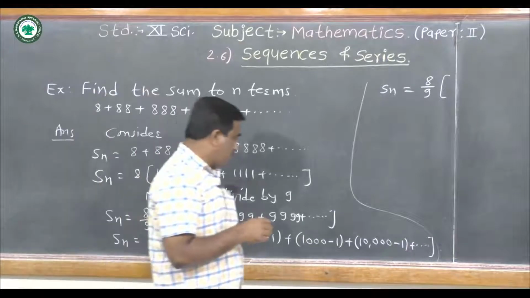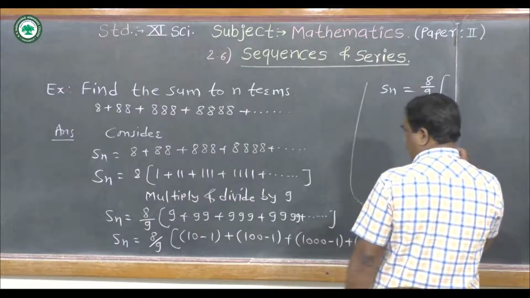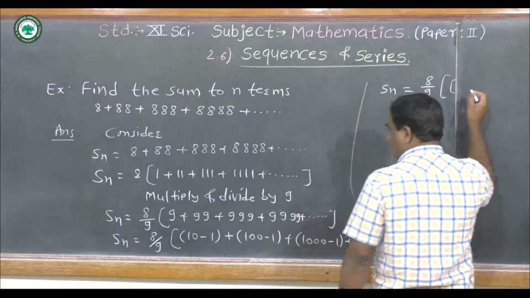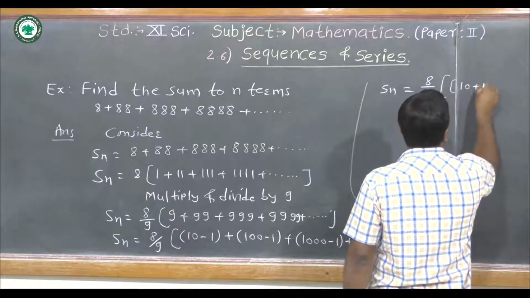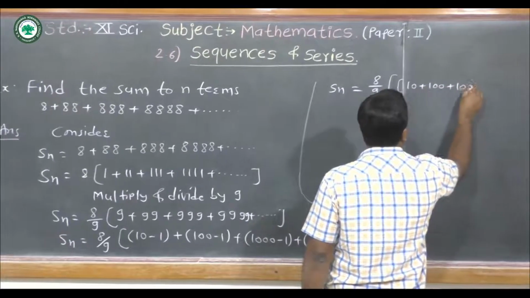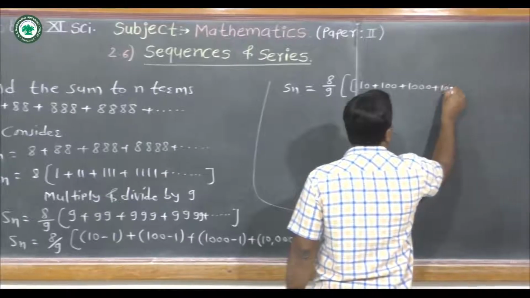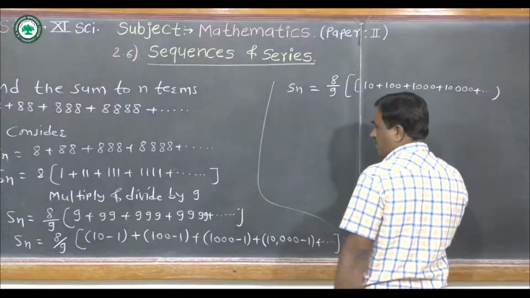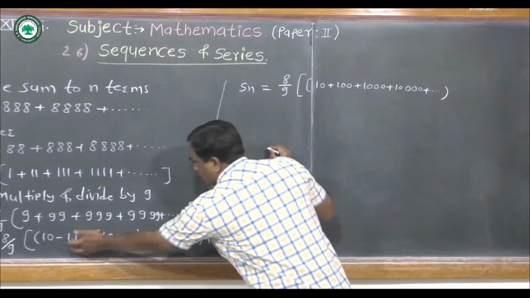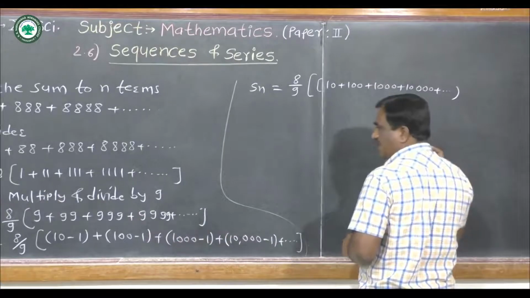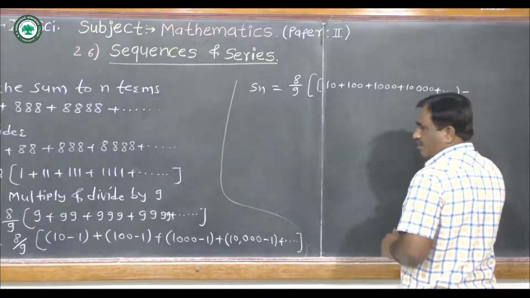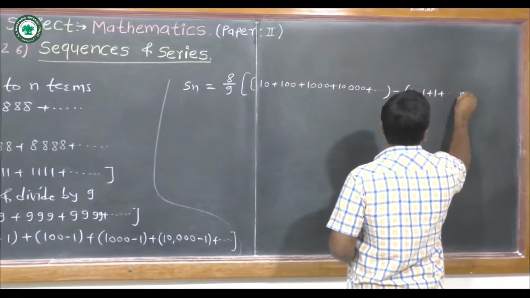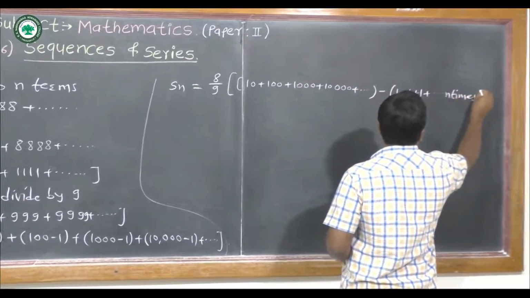First terms of these brackets we take in one bracket like this: 10 plus 100 plus 1000 plus 10,000 plus so on. Now here minus 1 minus 1 minus 1 minus 1 n times, we can take the minus sign common: minus, in bracket, 1 plus 1 plus 1 plus n times.